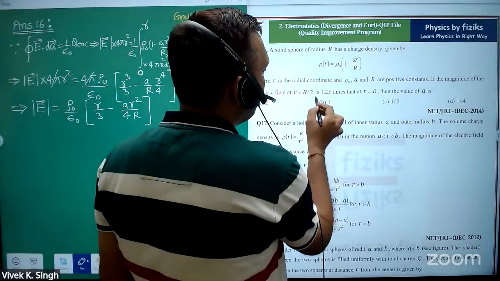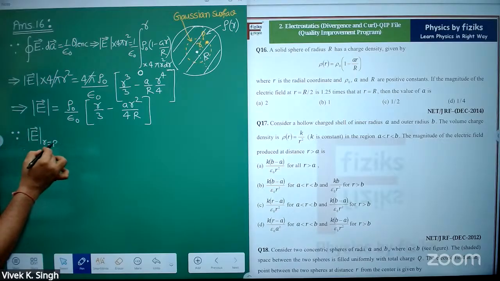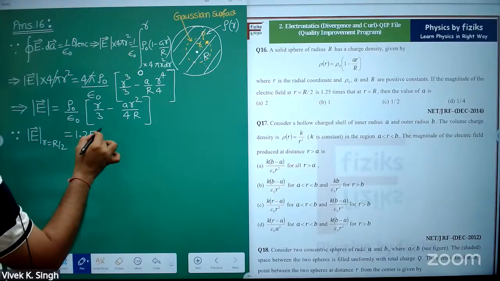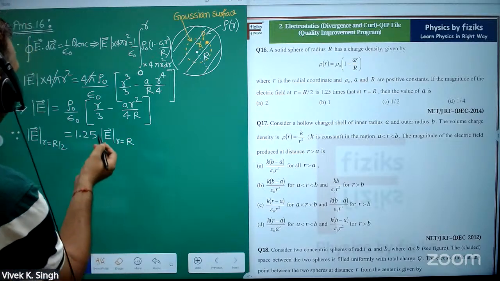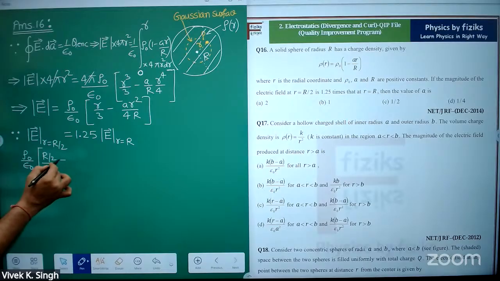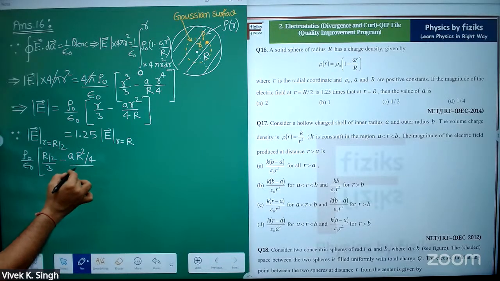Now use this condition: the magnitude of the electric field at r = R/2 is 1.25 times the magnitude of the electric field at r = R. So at R by 2, this gives rho naught by epsilon naught times (R by 2 by 3 minus a R square by 4 by 4R).